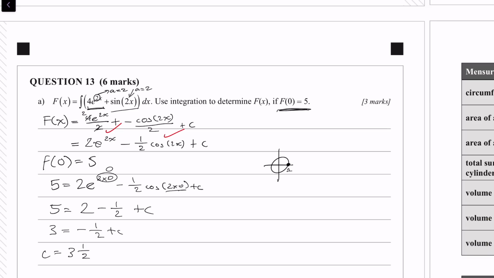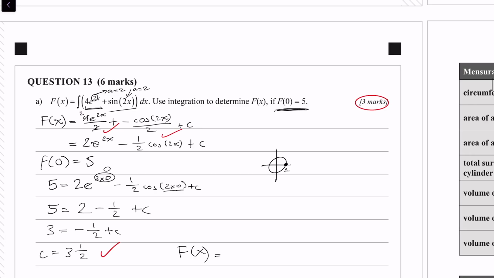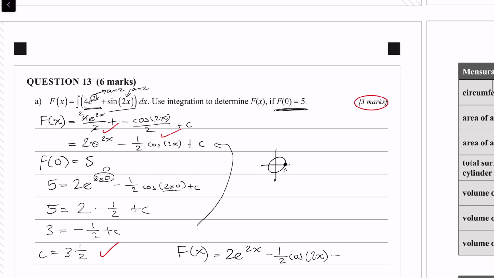And so that is our third and final mark. But to be fully complete, we need to include that constant of integration, which is c, in our actual f of x formula. So going back to this part here, we just rewrite it, and then we add our c value there, so plus 3.5.